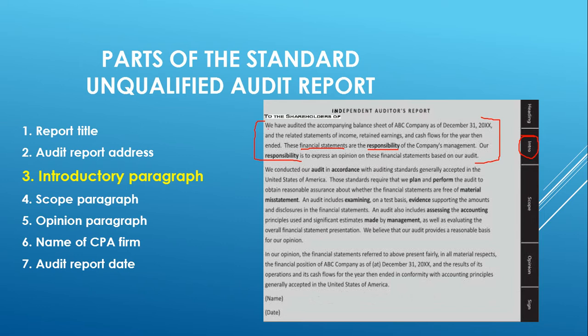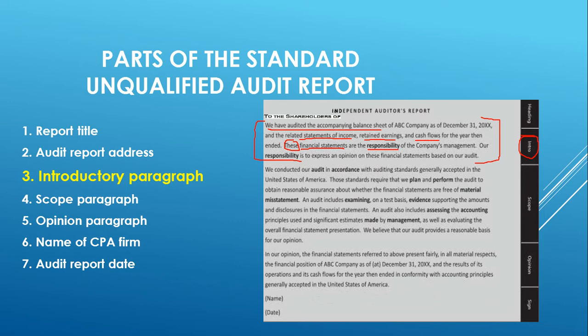As we see, we have audited the accompanying balance sheet for ABC company as of December 31 and the related statements of income, retained earnings, and cash flow. These financial statements.